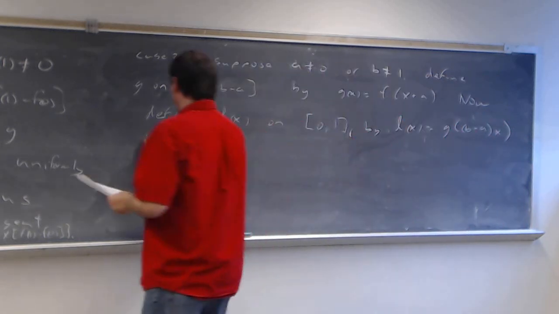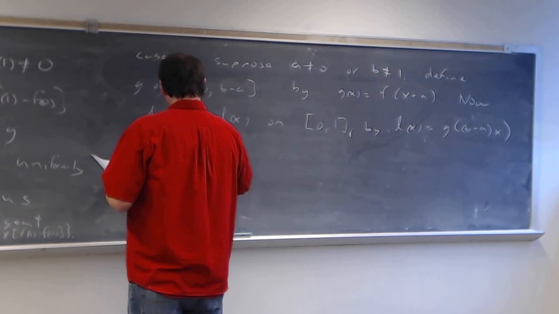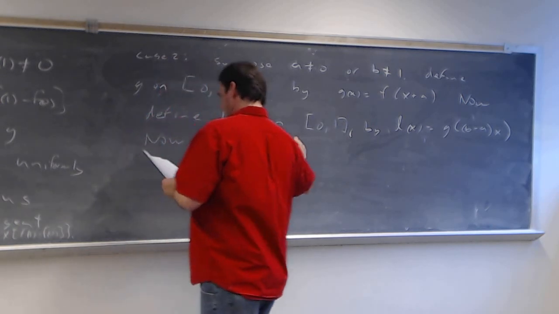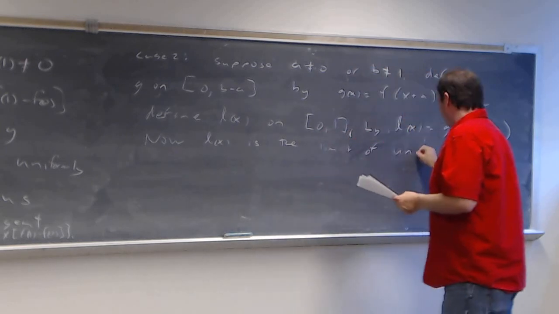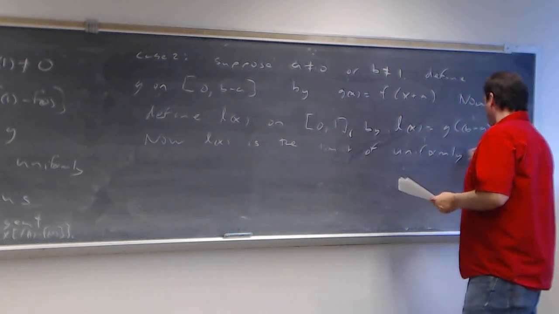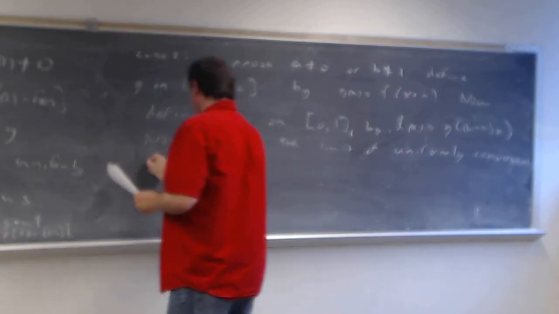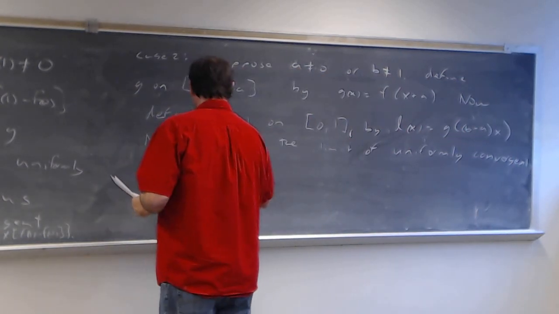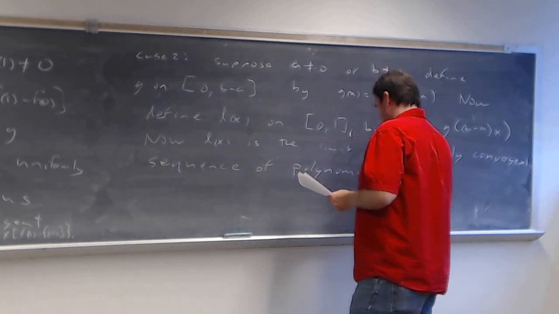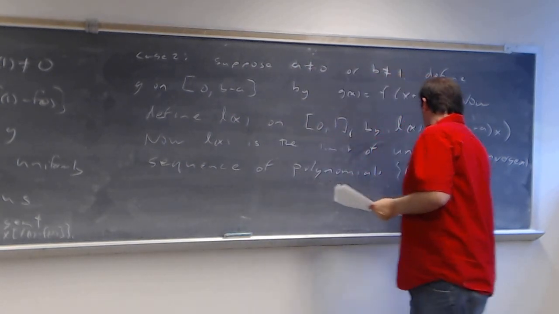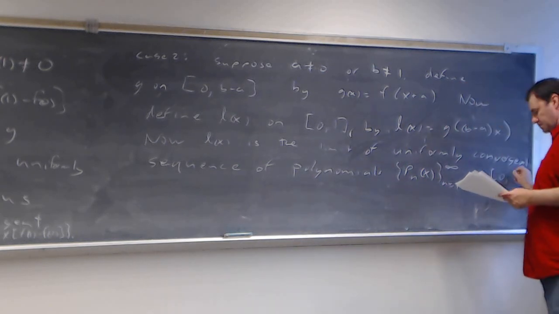Okay. Then, by our previous work in case 1, L of x is the limit of a uniformly convergent sequence of polynomials p sub n of x on 0 to 1.